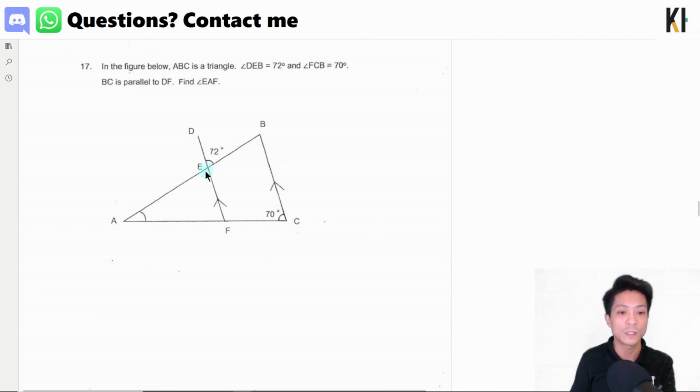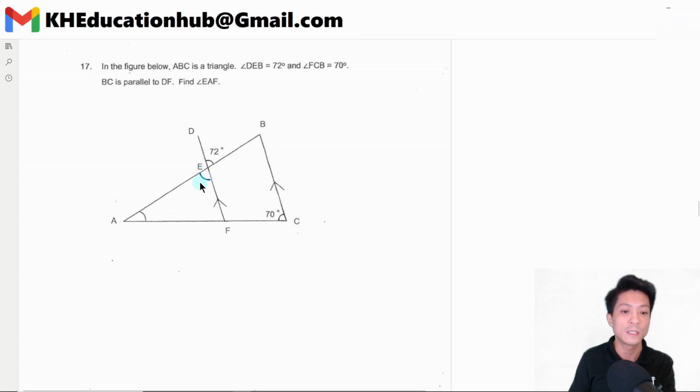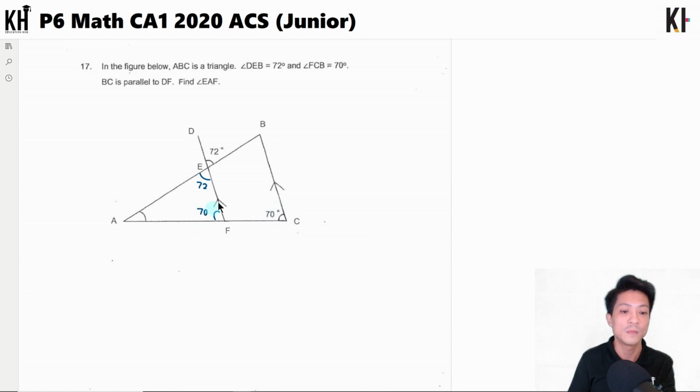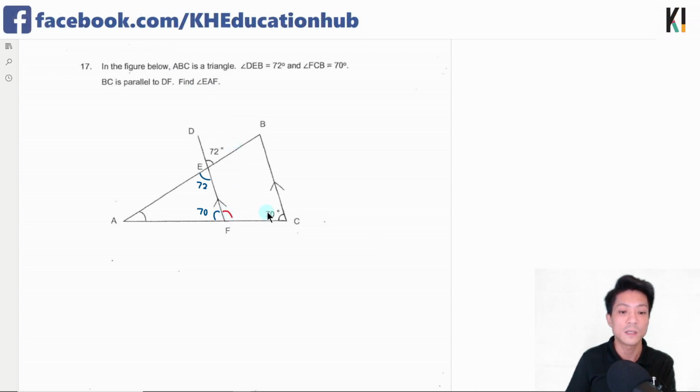So this question, the first thing you've got to realize is this is 72, vertically opposite. And this is 70, because of corresponding angles, so the two angles on the same side of parallel lines are always the same. If not, you can always find this angle here. This angle here is 180 minus 70, which is 110.